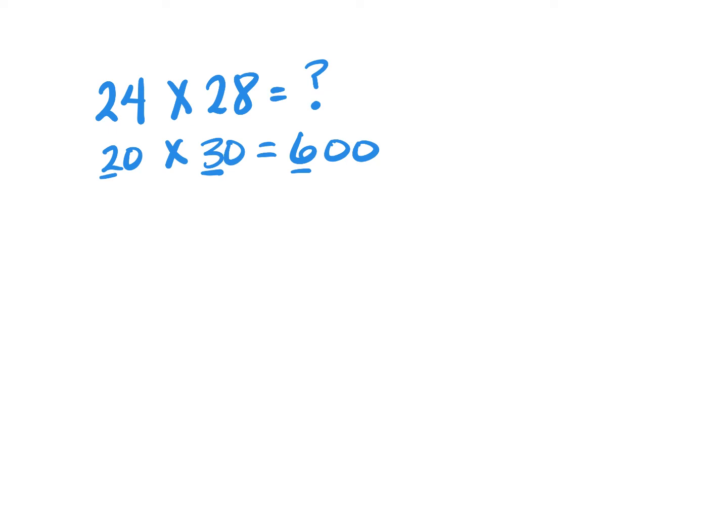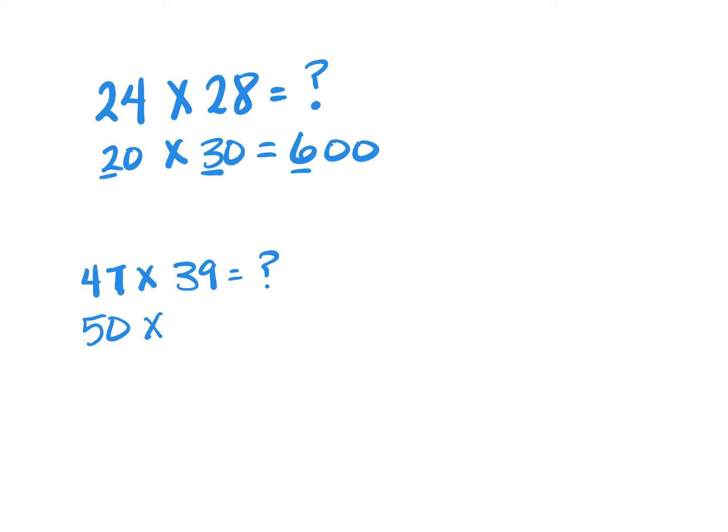All right, let's look at another one. What if I did 47 times 39? What would I round 47 to, Michael? 50.